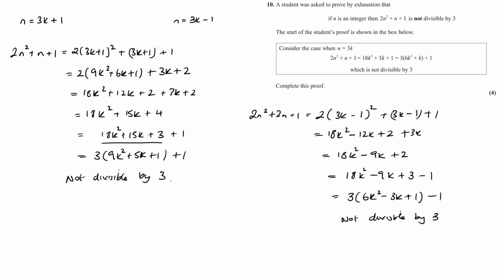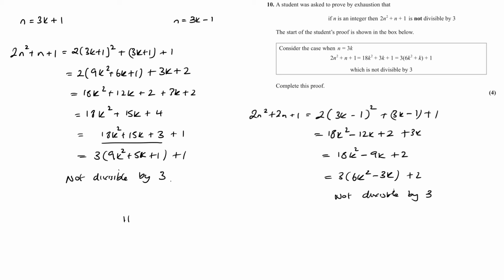Alternatively, at this point I could have instead just written 3 times 6k squared minus 3k, plus 2, and then just left my not divisible by 3, because it obviously isn't.